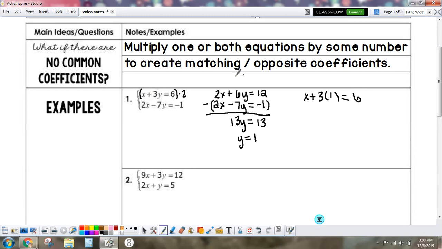Okay, so I have x plus 3, and that is equal to 6. Subtract 3 from both sides, and your x is 3. So my ordered pair here is 3, 1. Simple enough, right?